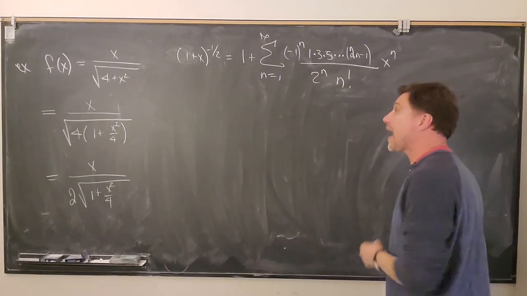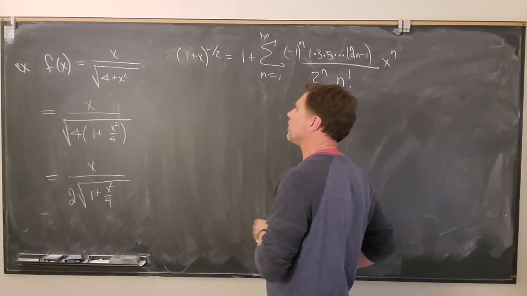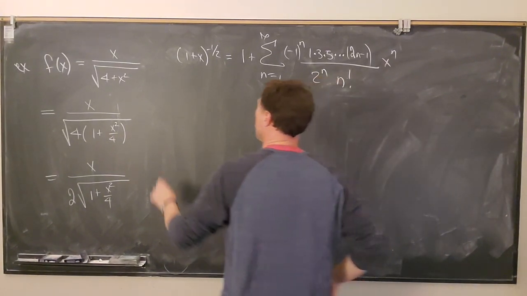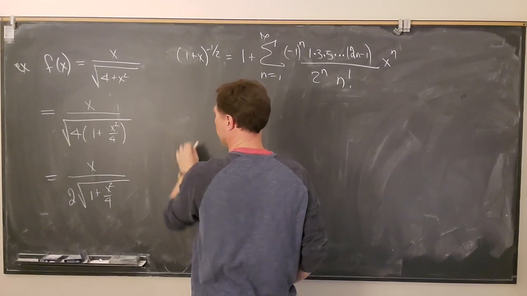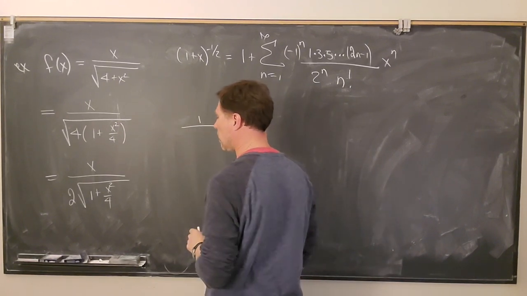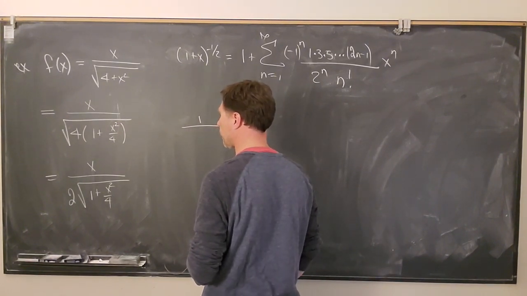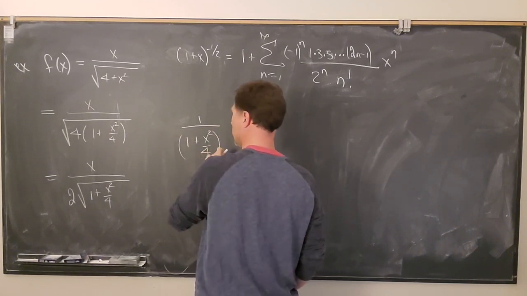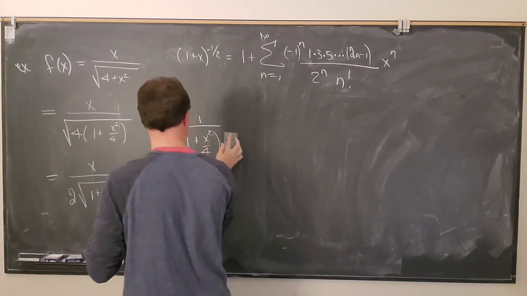Okay, so now let's come back to our original one. In the steps, what we're going to do next is substitute x squared over 4. So I guess we can write it like this, 1 over the square root of 1 plus x squared over 4.